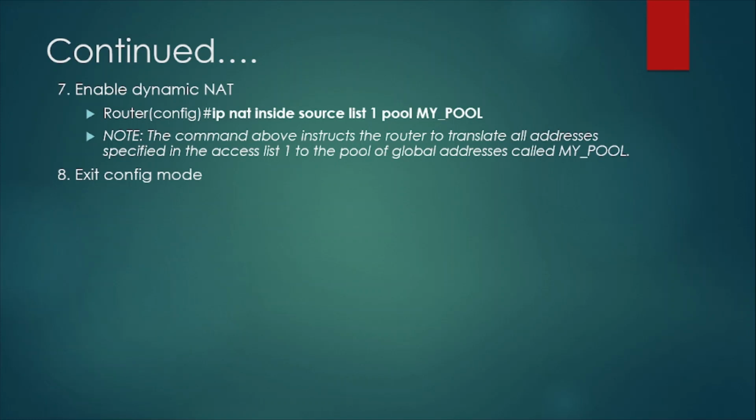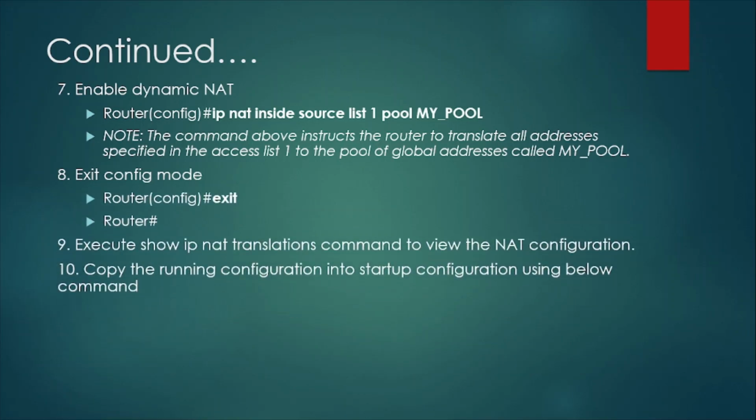So exit the configuration mode, and it will be the enable mode. Execute the show IP NAT translation command to view the NAT configuration, and copy the running configuration into startup configuration using the command write memory or do write.